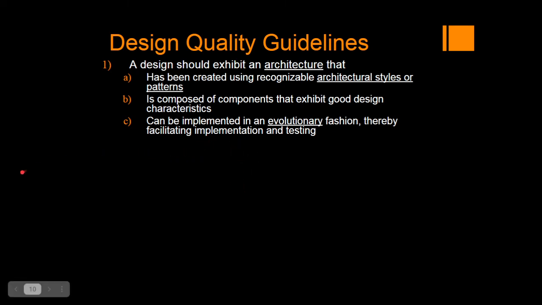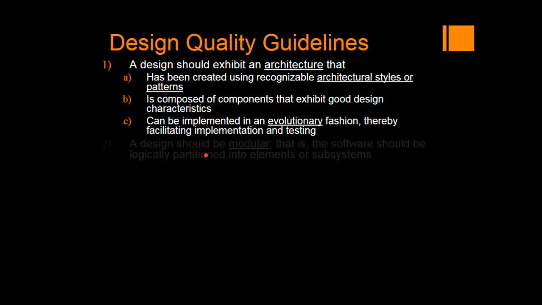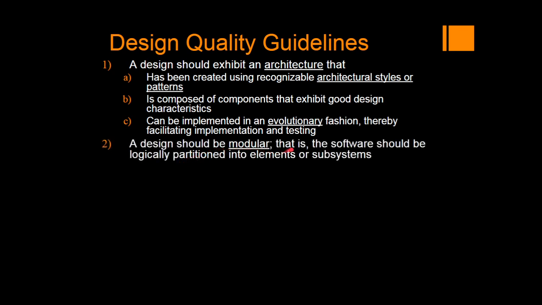So that should be implemented in such a way that it will be upgraded every time the changes have been made. A design should be modular, that is the software should be logically partitioned into elements or subsystems. That's the modularity concept. So the model should be well defined so that the design will give a proper expected product.